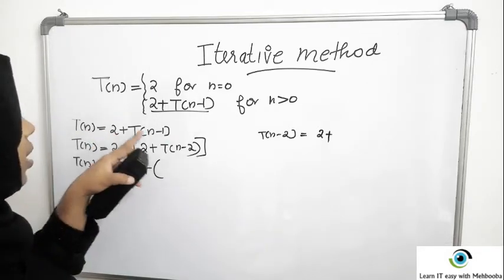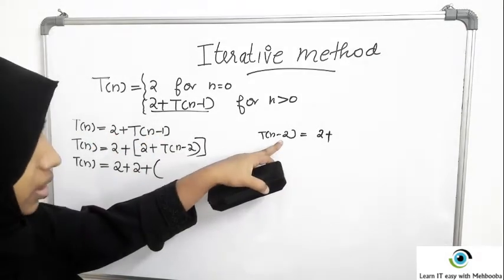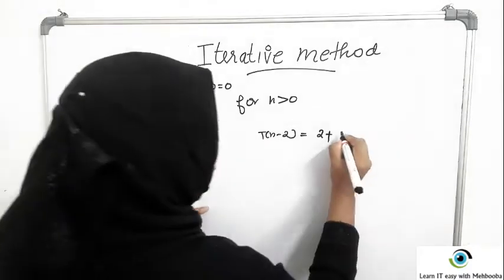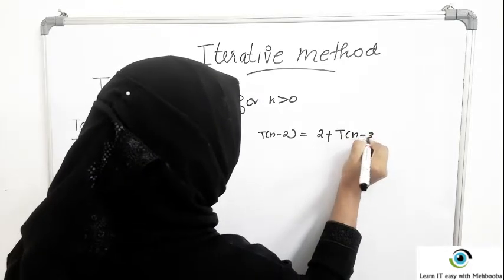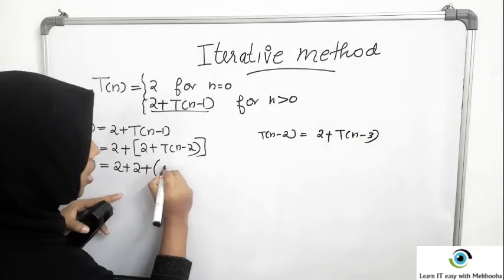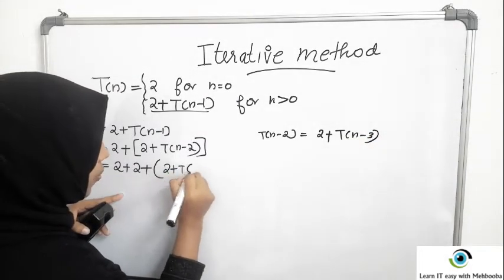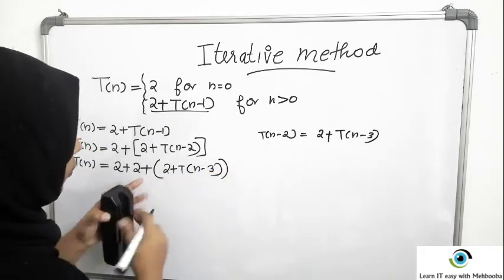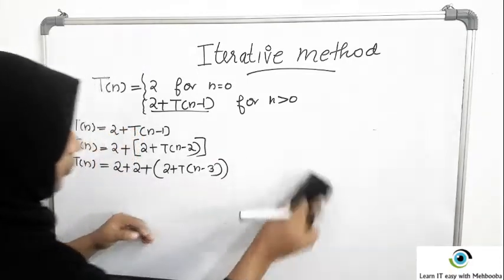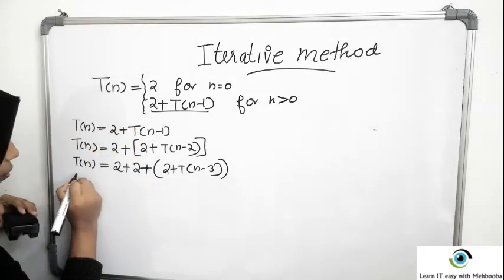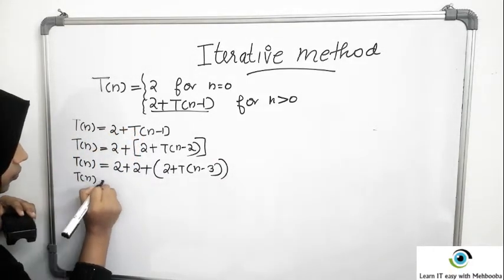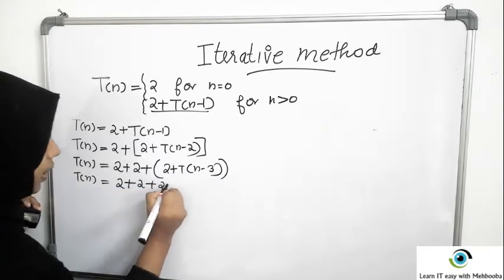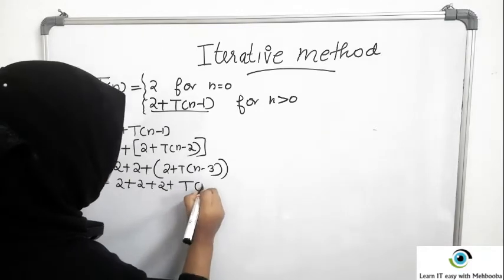When it is n it is n-1, and when it is n-2, that will be n-3 here, and it goes on like this. So T(n) is equal to 2 + 2 + 2 + T(n-3).